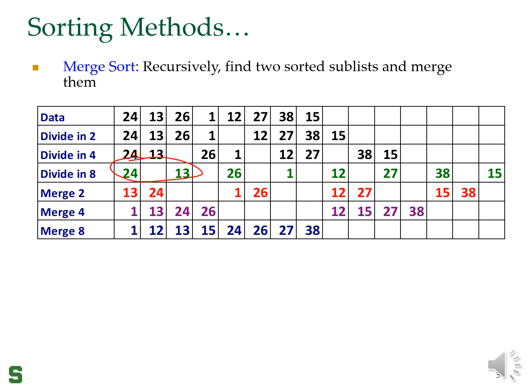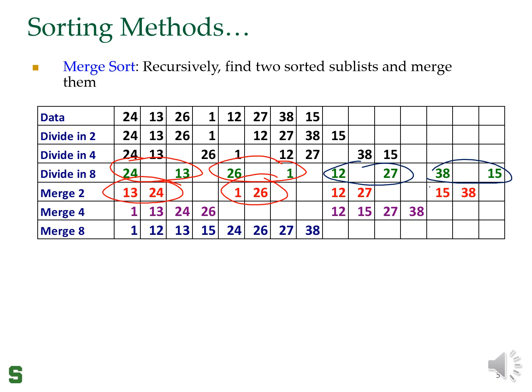So here we have 24 and 13. We can order them as 13, 24. This 26 and 1 will be reordered into 1, 26. 12, 27 is in the right order, so we don't have to worry about that. 38 and 15 would be reordered as 15 and 38.